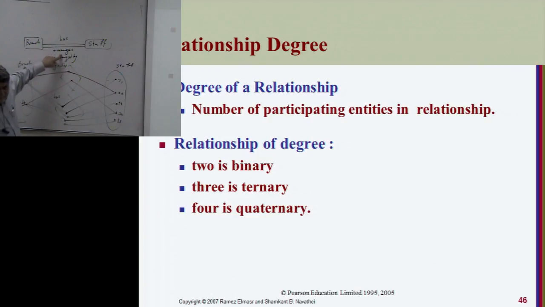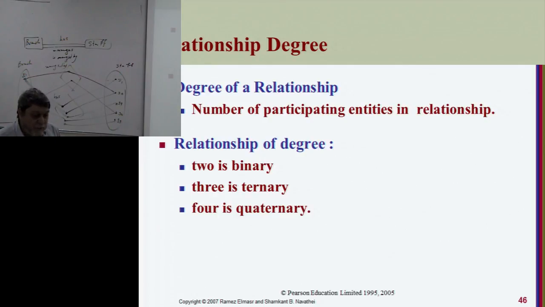Why is it a binary degree? Because it links two entities together. Or actually two entity types. Two. So it's a binary. Binary. Twice. Two. Okay? We are talking about the degree of a relationship. So the most common is to relate two entity types together, we call this a binary relationship.